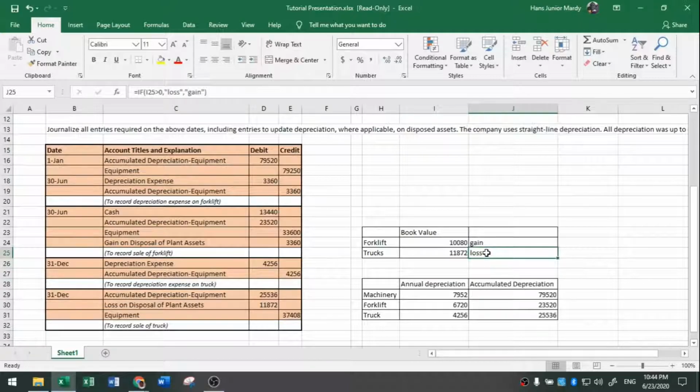And then the same formula here: if the book value is greater than the price that we sold it for, since the price is 0 because we didn't sell it for anything, so I put 0 here. If it's greater, it is automatically a loss. If it's smaller, it's a gain. In this case, it's greater than 0, so it's a loss. Since it's a loss, it's going to be debited, so I put that quantity as a debit, and that's it.